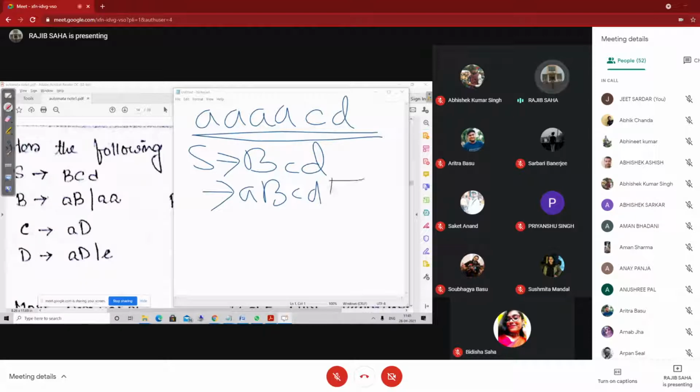So we have applied the production rule B tends to AB. Then in the next step, I made a mistake in writing. This C is basically in capital.